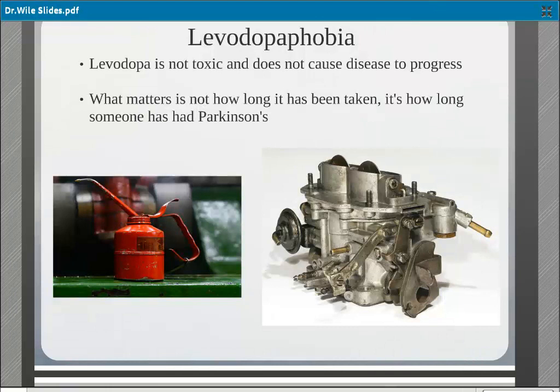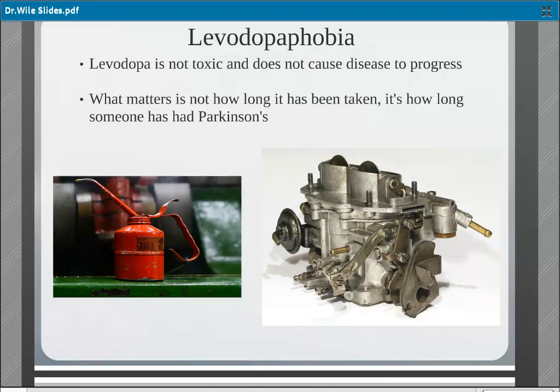So levodopa is the oldest treatment for Parkinson's disease. It's 52 or 53 years now that it's been in clinical use. And there is a phenomenon that's referred to in our field as levodopaphobia. So people are often reluctant to start medication. This mainly comes from concerns that were reasonable and deeply explored about 15, 20 years ago.